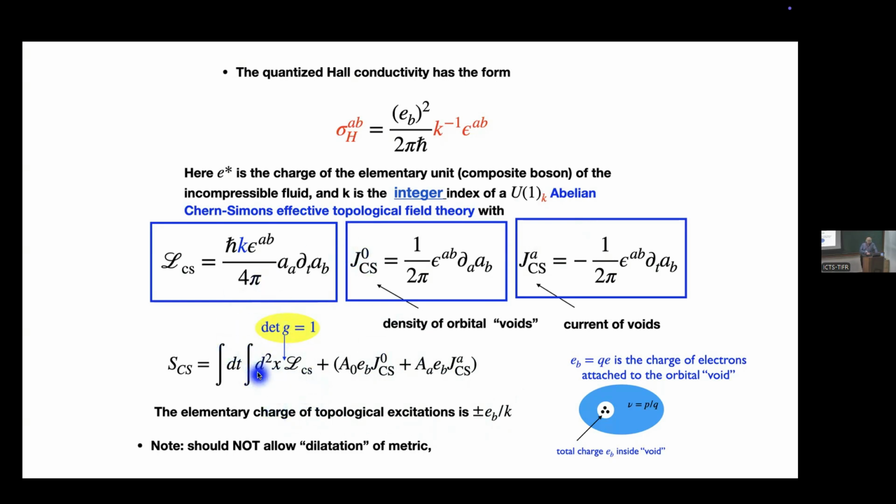Often people from a conformal field theory or field theory background want to put a square root of the determinant of the metric in front of that, where the metric is whatever is used to set up the coordinate system. That's incorrect in this case, because in quantum Hall systems and topological systems in general, there's no kind of dilatation business in it. They're not conformal fields.